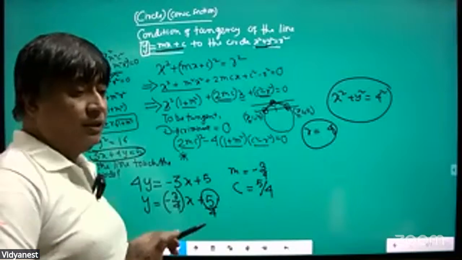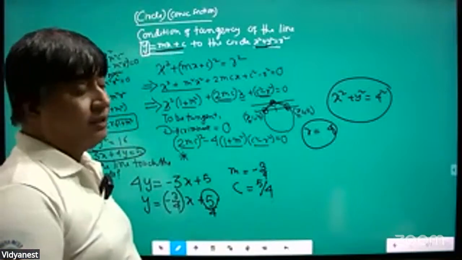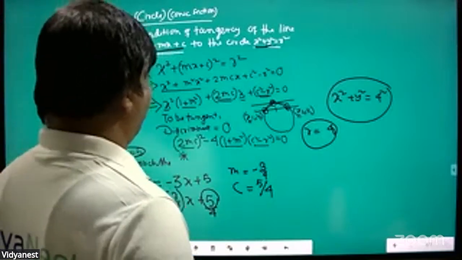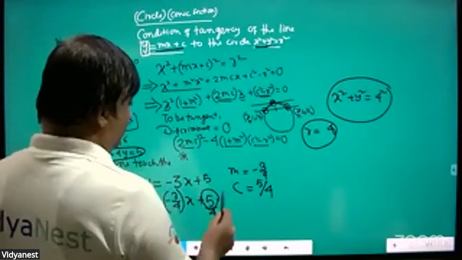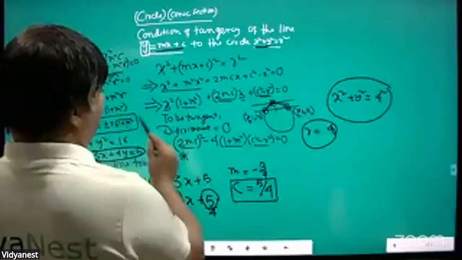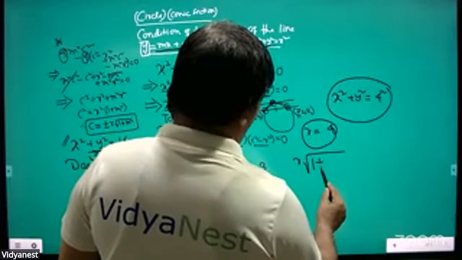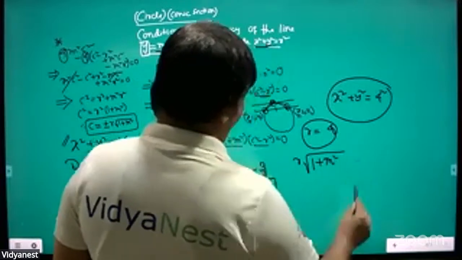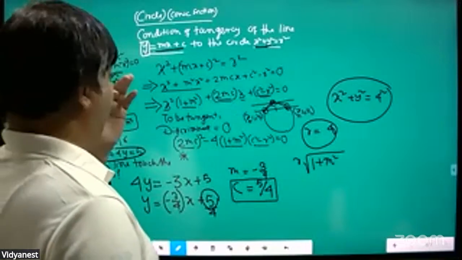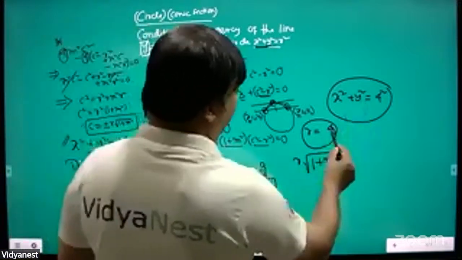Now you put all these derived values in this condition. If the condition is satisfied somehow, then we can say that this line is going to touch the circle. See, C is what? C is 5/4. Now what about R root 1 plus m square? R is 4.